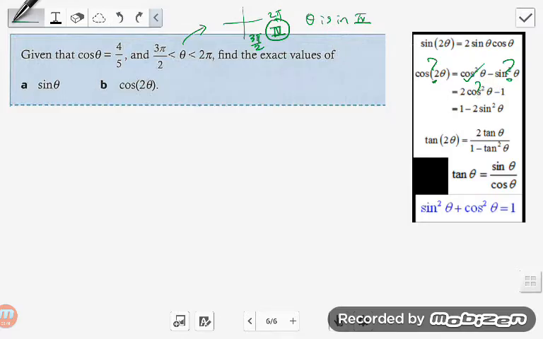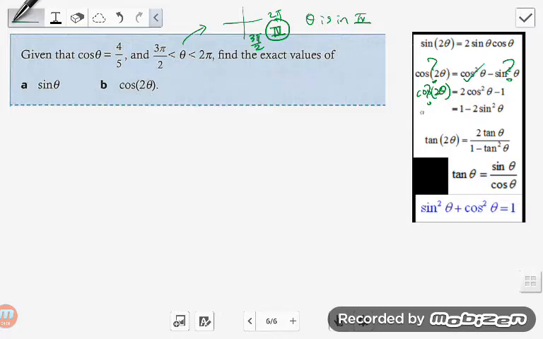Actually, sorry, I do have that. But this cosine 2 theta over here is still unknown, right? I'm not really interested in cosine 2 theta, and that's actually my part B. So maybe I'll come back later. But for now, to find sine theta, this is not helping.